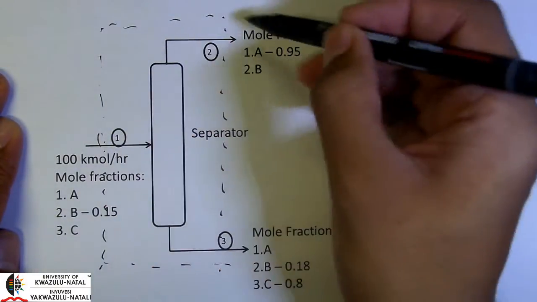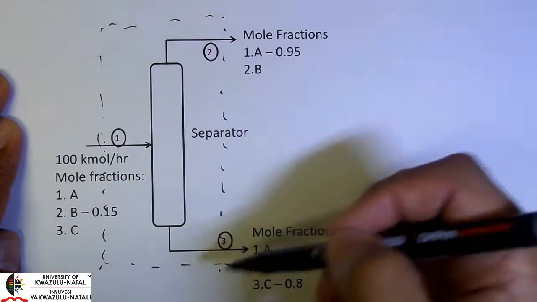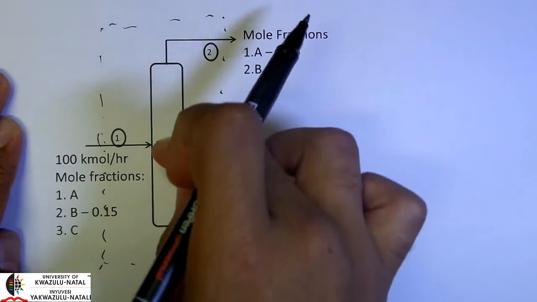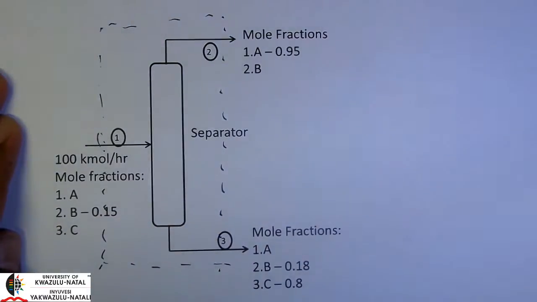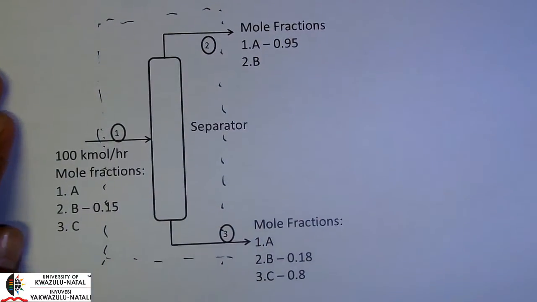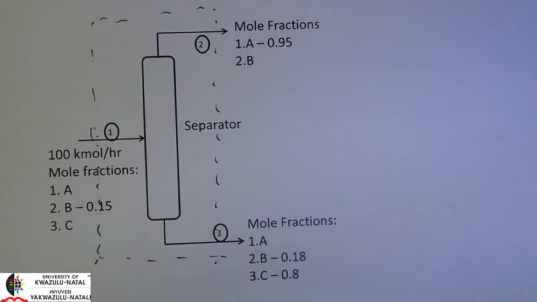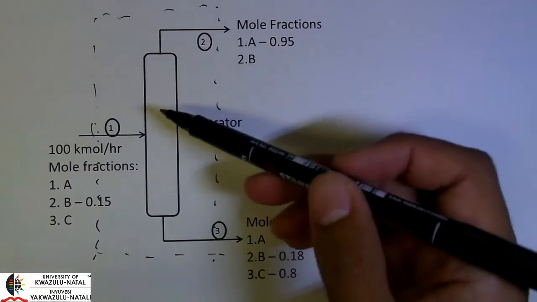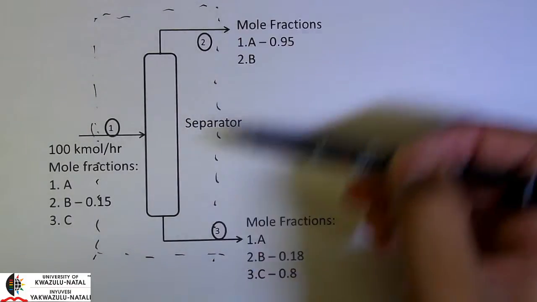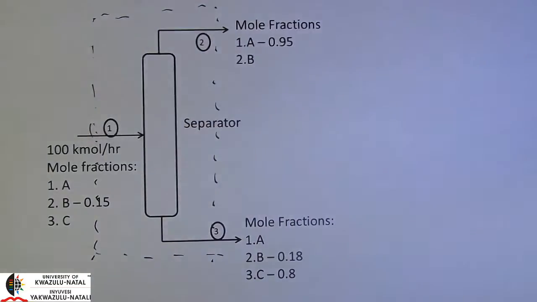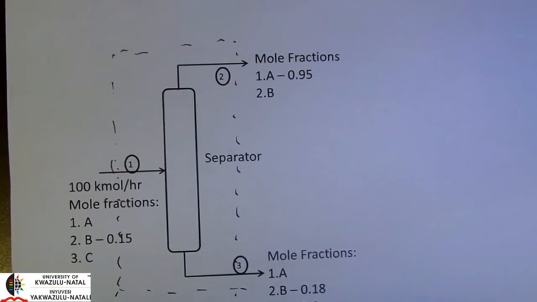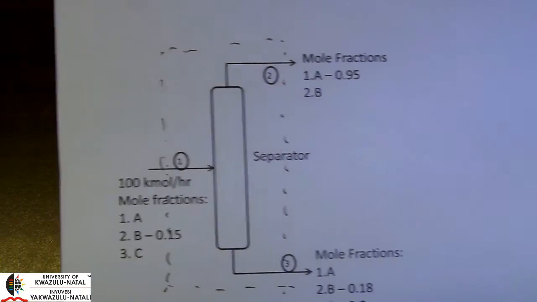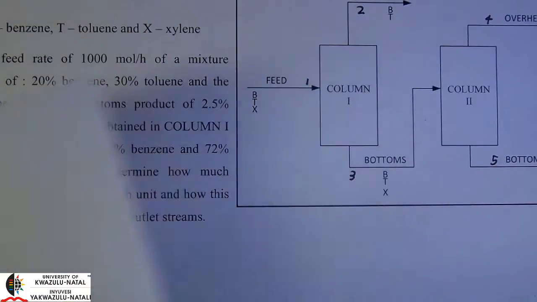Everything crosses the box, so whether we are looking at a unit process or a standard process, it's a single unit, so it's the same thing over and over again. However, things get more complicated when there is more than one separator or more than one unit. So now let's finally depart from this example and go on to something more complicated.